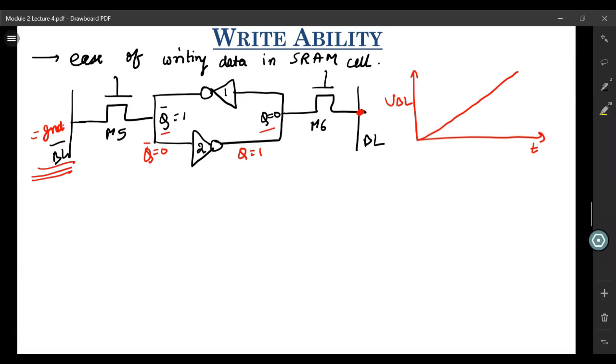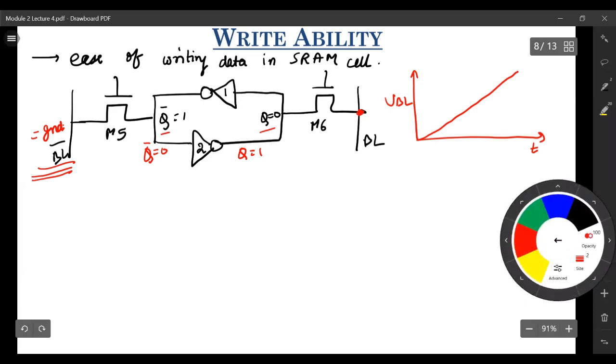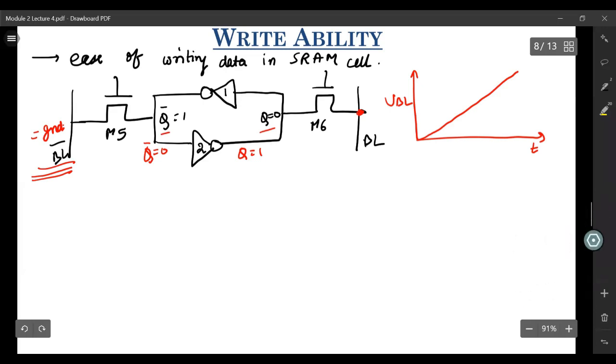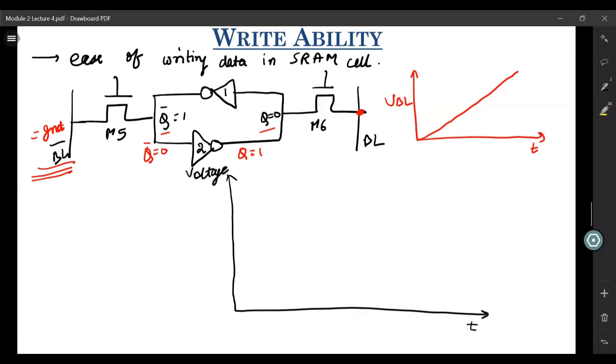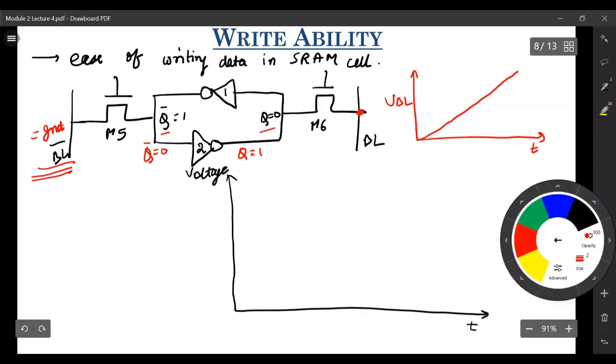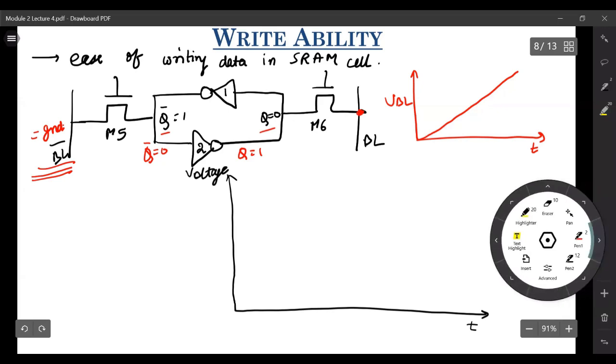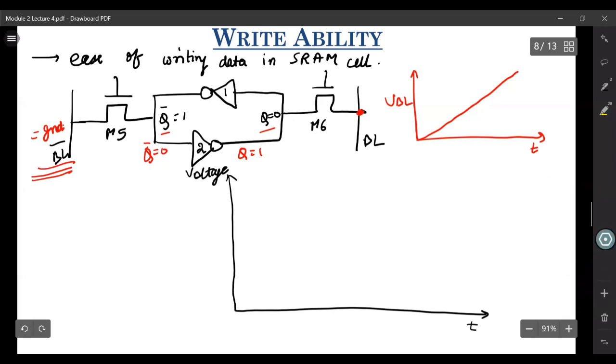So let us look at how the timing diagram looks when you're applying a ramp. Let us draw a timing diagram. The x-axis is time, this is your voltage, and this is your VBL.